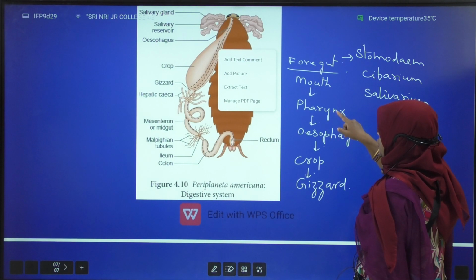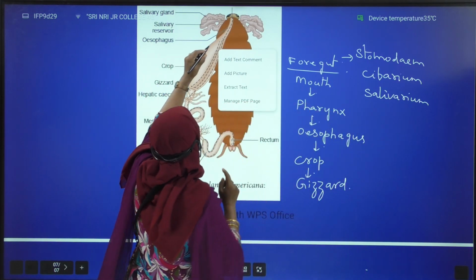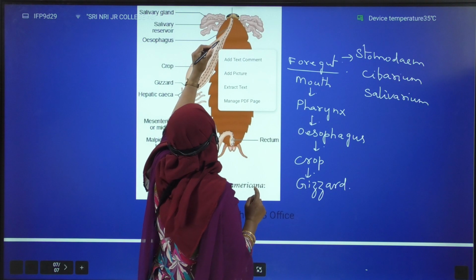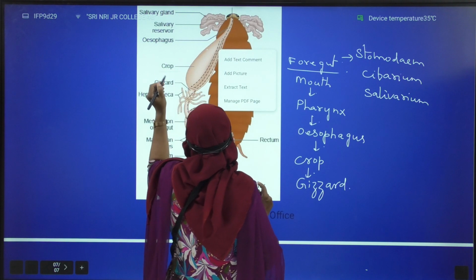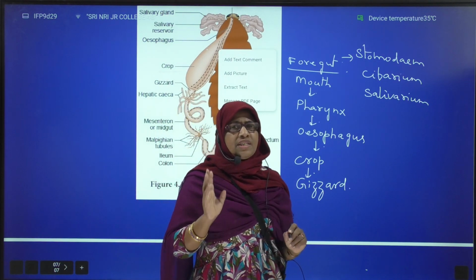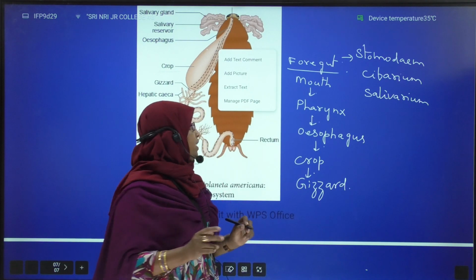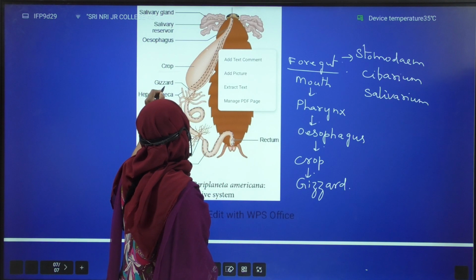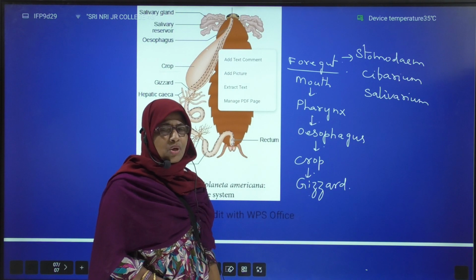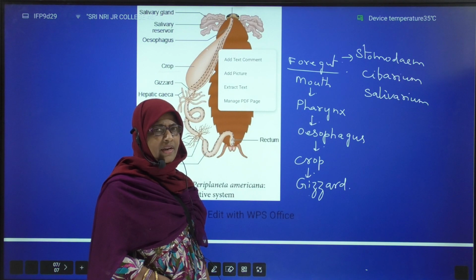Pharynx is a short tube-like structure, and pharynx opens into esophagus. Esophagus is a narrow tube-like structure which opens into crop. This crop is a thin-walled distensible sac which is useful for storage of food materials. Next, crop leads into gizzard. Gizzard is a thick-walled muscular structure which is useful for grinding of food materials.